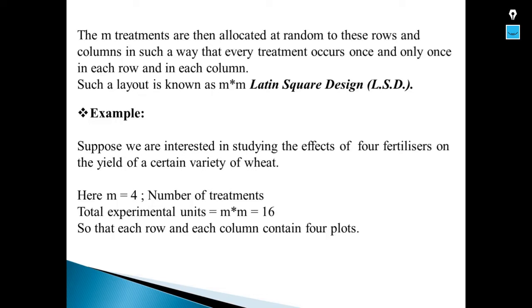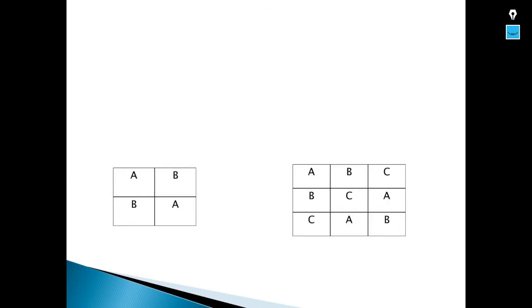In this way we get one square shape design, and after that we assign our 4 fertilizers randomly to the experimental units in such a way that each treatment or each fertilizer occurs only once in each row and in each column. So this is about Latin square design.